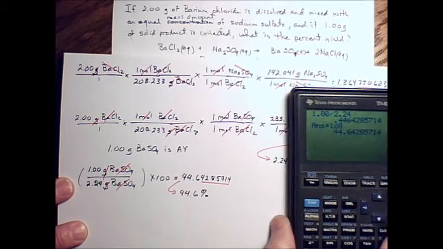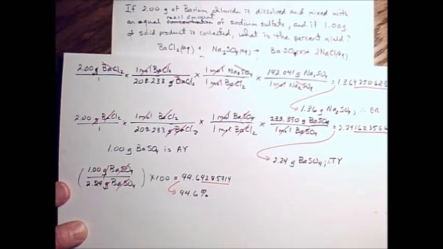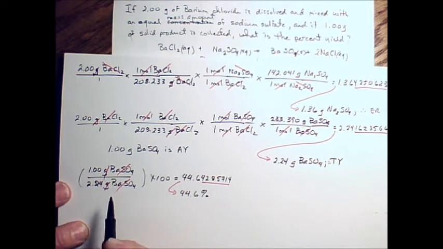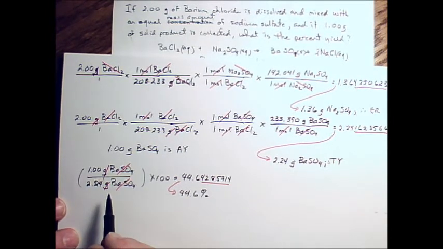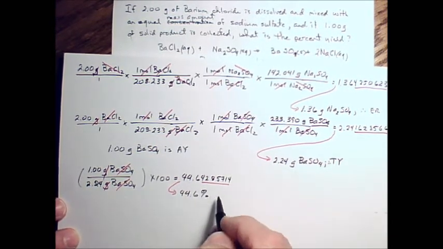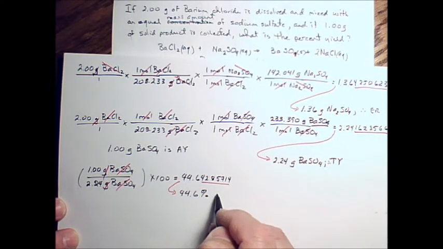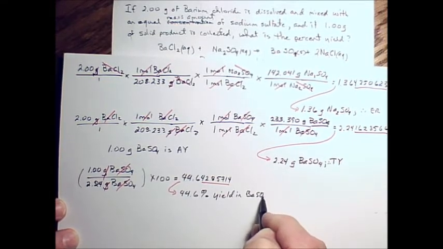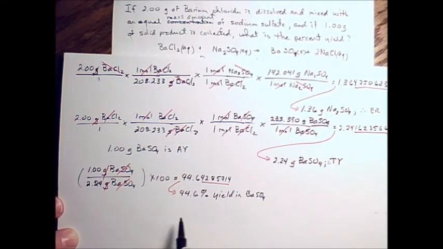Now, it's not enough to tell me percent. You've got to tell me what it applies to. There's no units left because they canceled. Well, I understand that, but you still have to tell me what the percent applies to. That's the percent yield in barium sulfate. Okay? You need to be clear and specific.